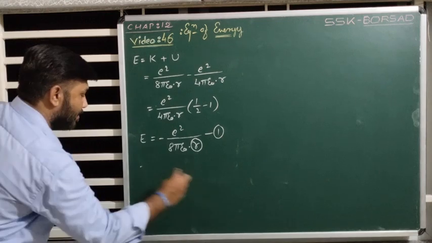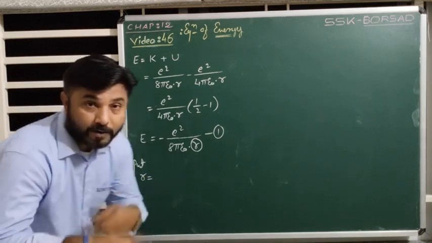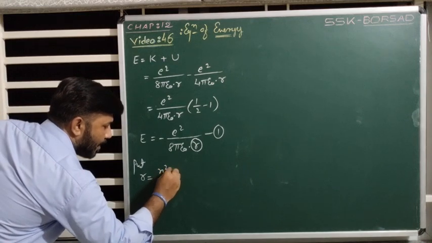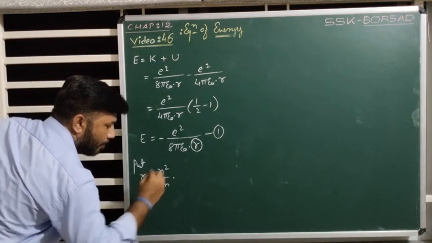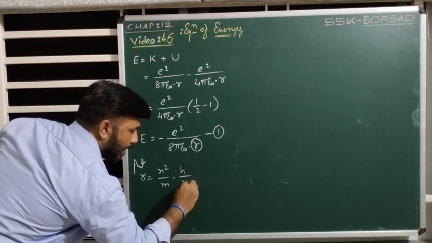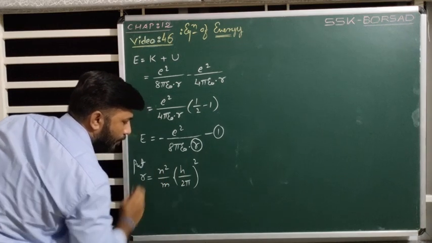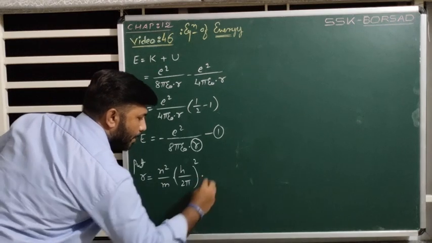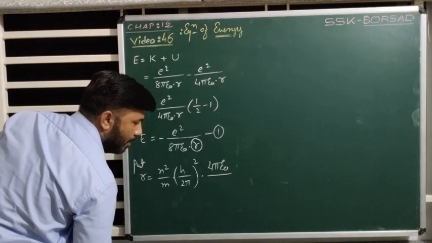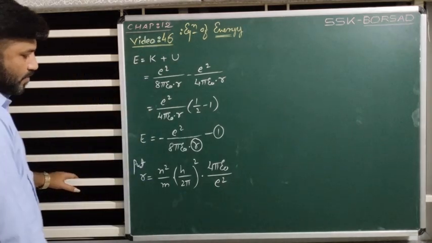Try to recall, r is equal to n square upon m, multiplied by h by 2 pi whole square, multiplied by 4 pi epsilon 0 divided by e square.